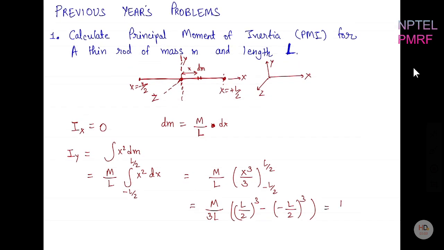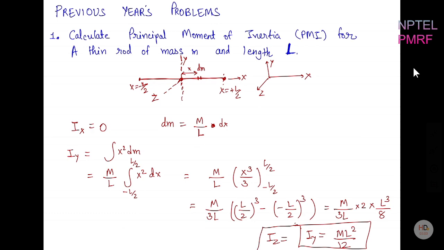And this is just m by 3L, and both of them are equal. Minus minus will get plus. So 2 times L cube by 8. So this becomes m L square by 12, which we know is the moment of inertia of the thin rod, right? And again, because of the symmetry, it's same as Iz.